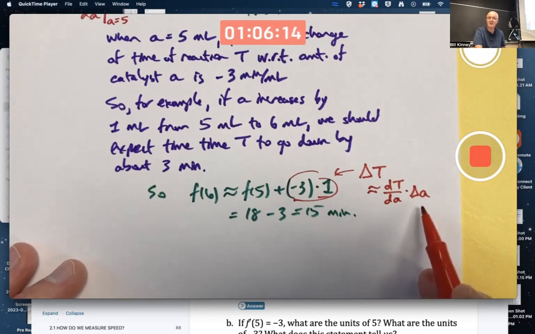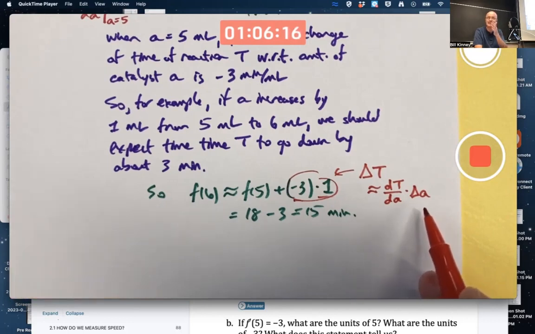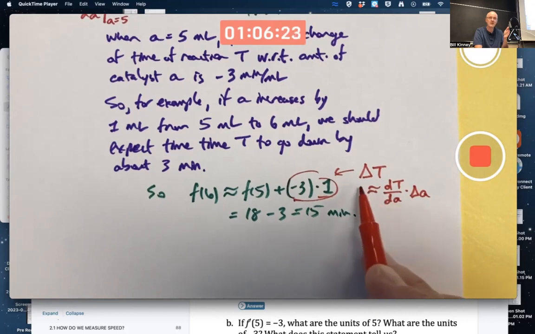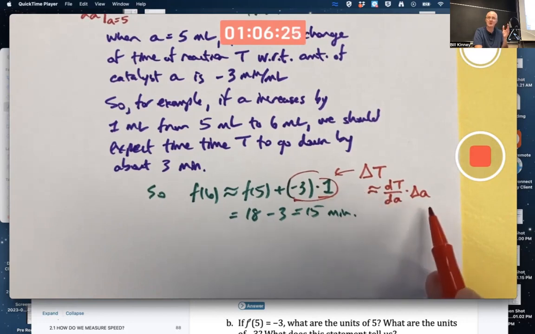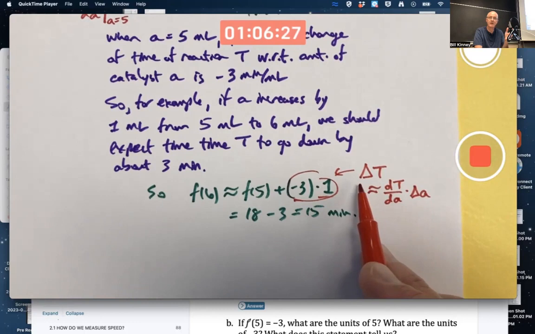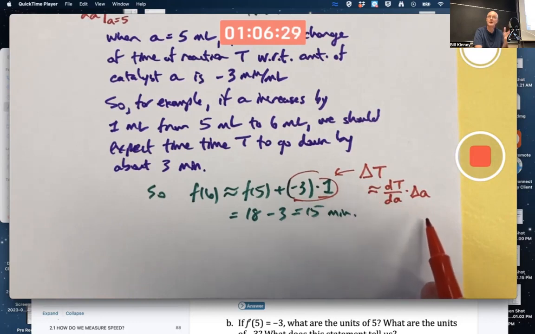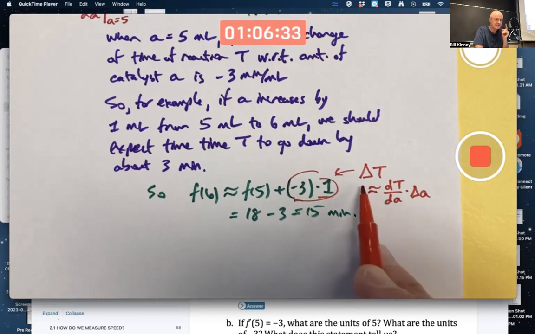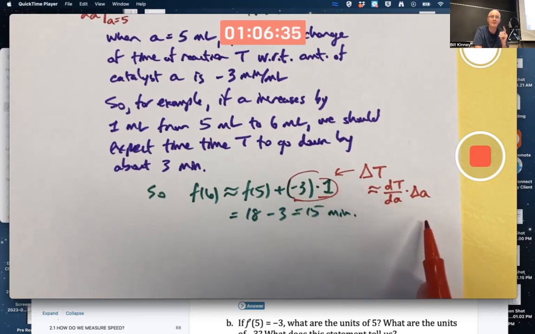Delta a, the change in a, is 1, because a is increasing from 5 to 6. The total change in the dependent variable is the rate of change times the change in the independent variable. This is very much analogous to distance equals rate times time, except the application is different.